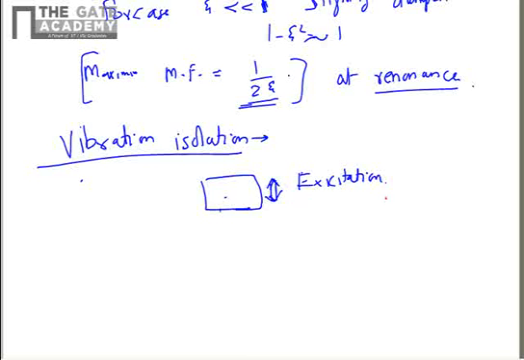Due to the excitation, the amplitude can be very high, and the part can get damaged. So in that case, you want to limit the amplitude. What we do normally is attach the vibrating mass with a spring and a damper. This is called vibration isolation.